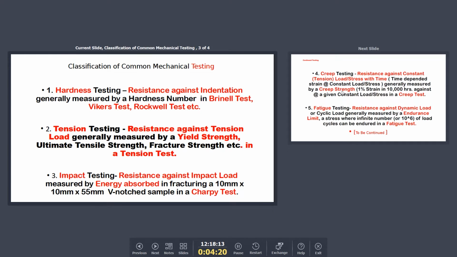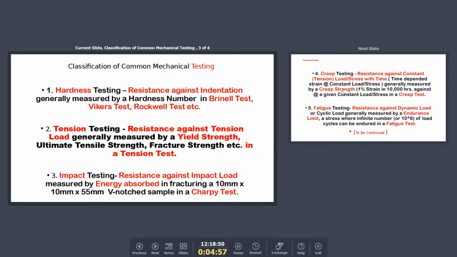Or when we drive a nail into wood, it indents the wood. Similarly, a material can be indented. A notch can be created. There is a very small size of a notch, and the resistance of the material against this notch is generally known as indentation.